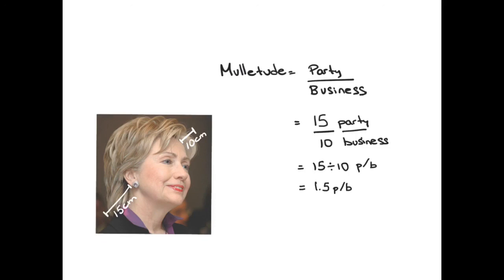Now the problem with this is that, as we saw in our diagram, in order for a hairstyle to be considered a mullet, a true legal mullet, it needs to have a mulletude of 3 party per business or greater. So I think some might argue that Hillary Clinton does not, in fact, have a legal mullet.